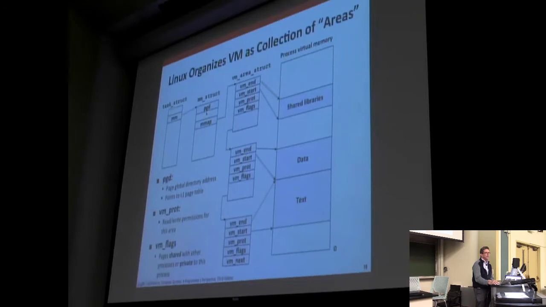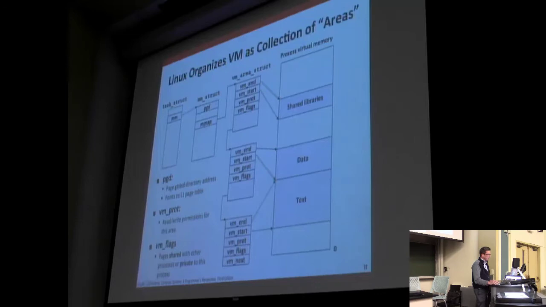When this process is scheduled, the kernel will take this PGD entry and copy it into CR3. So that's how it switches. Just by changing the CR3 register, the kernel changes the address space. Once that CR3 value is changed, the process no longer has access to the previous process's page tables, right?